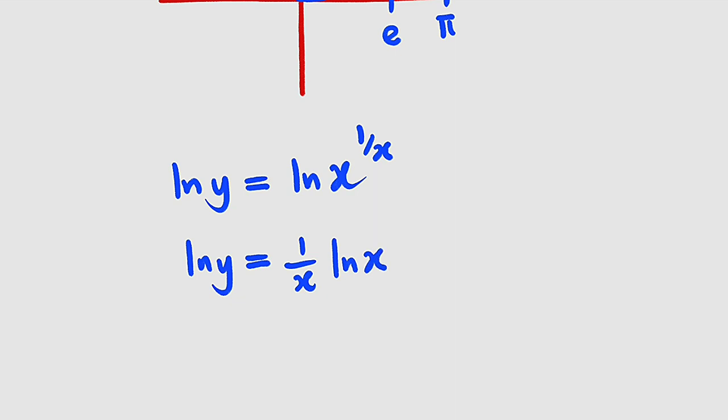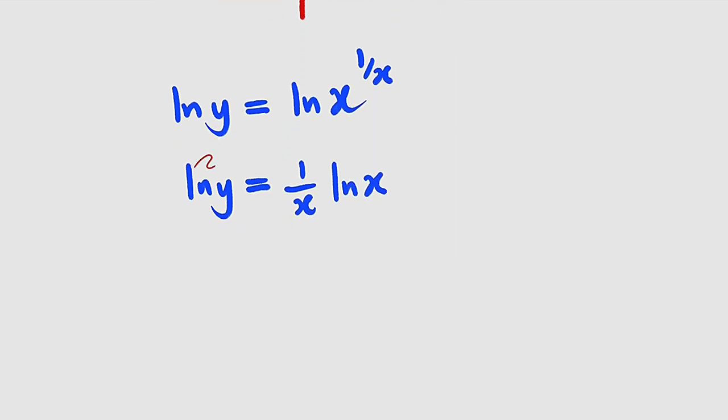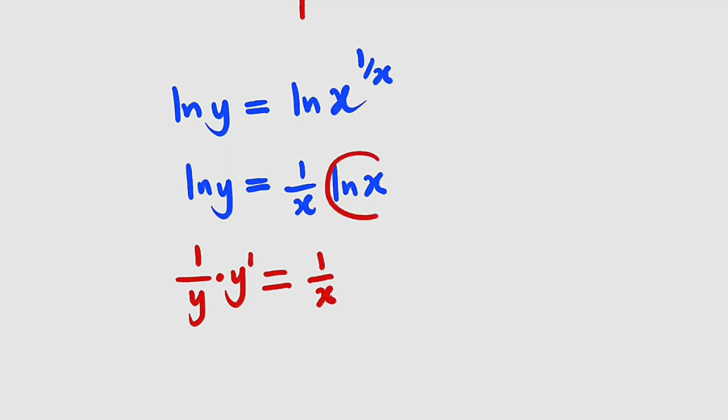Now we are free to differentiate both sides. If you differentiate natural log of y, you shall obtain 1 divided by y. Because y is a dependent variable, you have to multiply by y prime, which is the same thing as dy over dx. This is equal to, because we have a product, we are going to apply the product rule. You keep the first function constant, you differentiate the second.